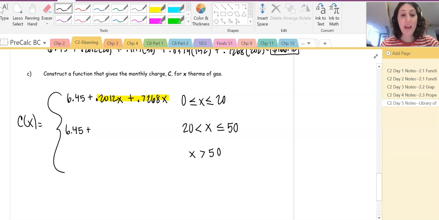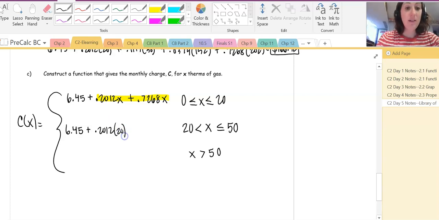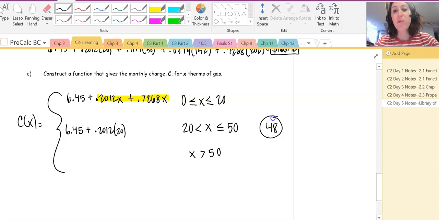okay? And then you have the 0.2012, but it's no longer going to be times an X, okay? And that's because we are now up between 20 and 50 therms. So you already paid for 20 therms. This is now a 20, okay? Because this is now saying, like, I don't know, you pretend you did 48 therms. 0.2012 times the 20 therms originally.